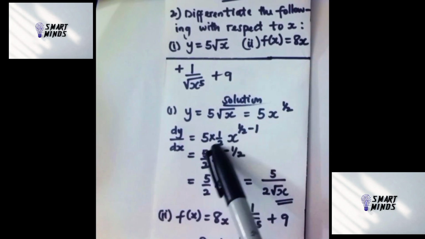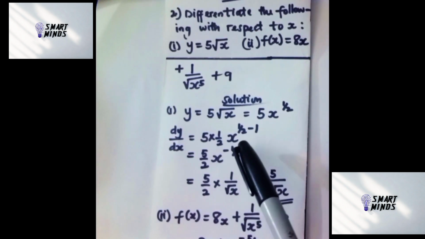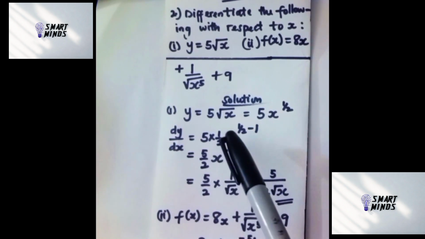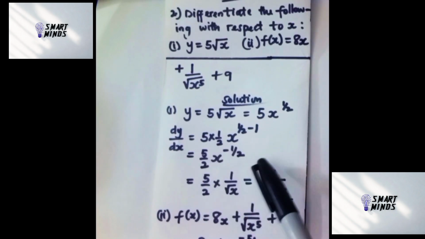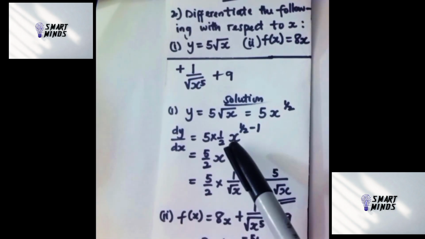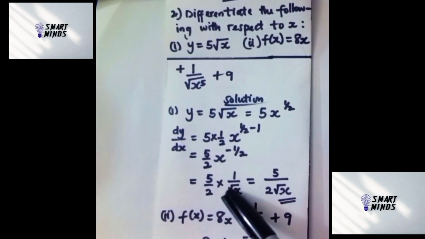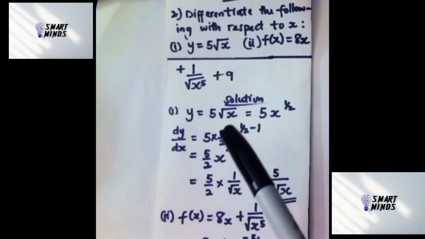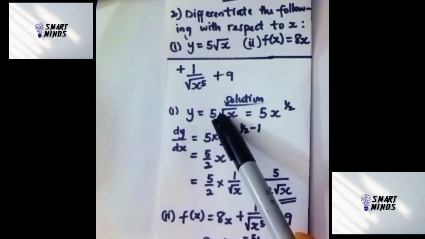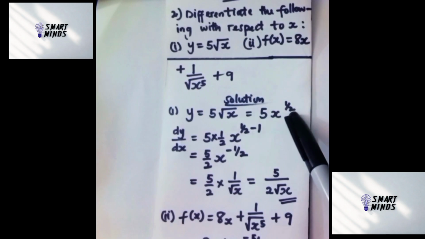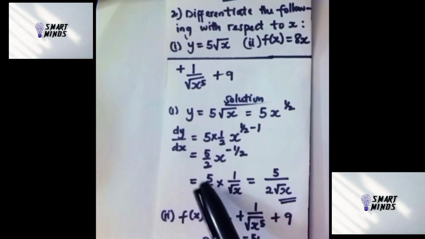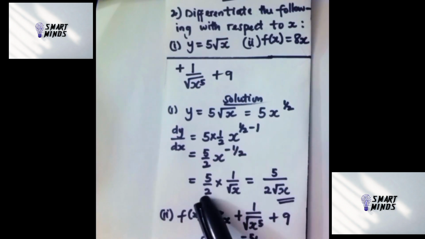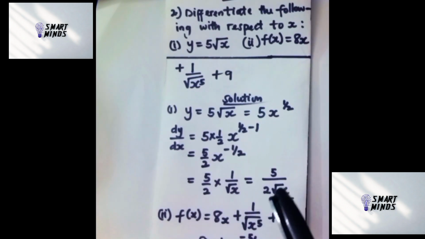And remember, in mathematics, when you have a negative power, you need to rewrite it as the reciprocal of the variable. So the reciprocal of x is 1 over x. But remember, we have power of half, that will be written as what? The square root. Okay, I've changed the square root to power half, but finally in my answer I need to return it back to its radical form, right? So we have 5 times 1, which is 5, and 2 times root x, which is what? 2 root x. Okay, please take note of that.